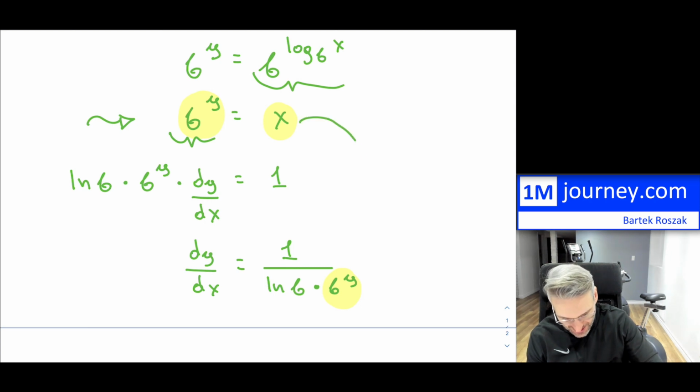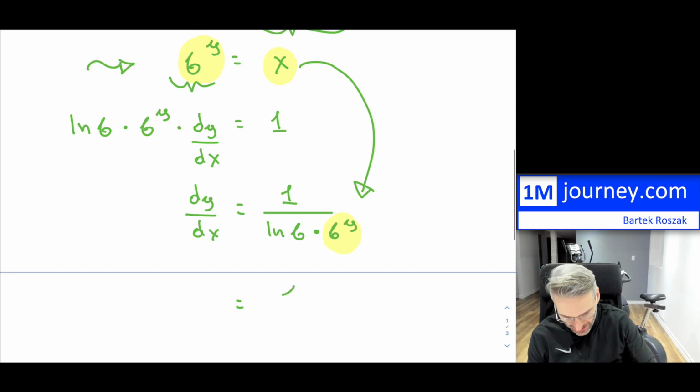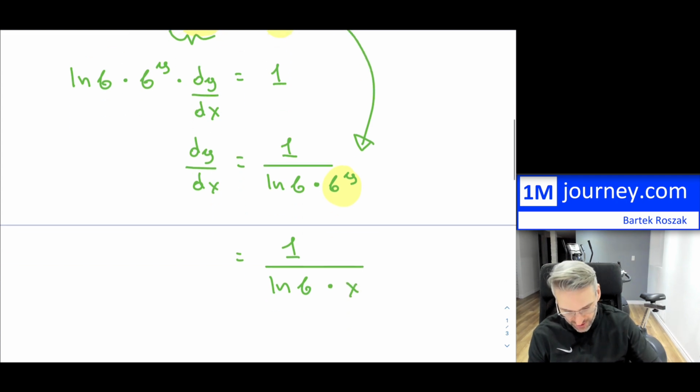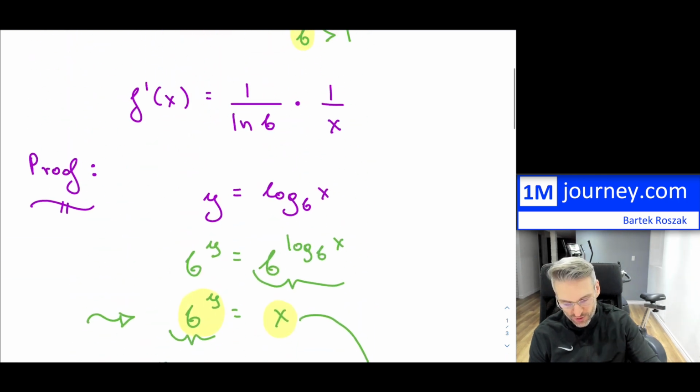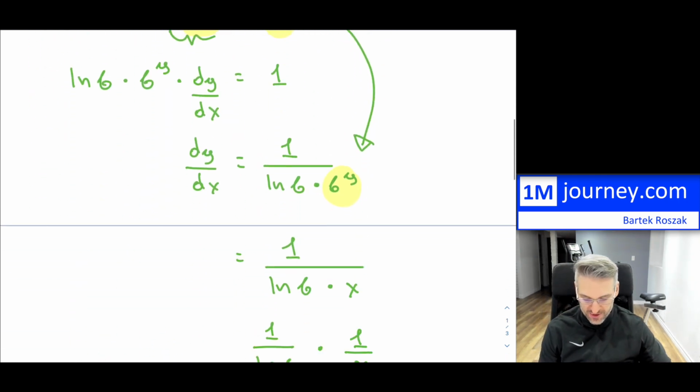So I can substitute this in here, and I can see that my derivative indeed is 1 all over ln b times x. Or, of course, you can write this as 1 all over ln b multiplied by 1 over x, which is what I've shown you the derivative actually was.